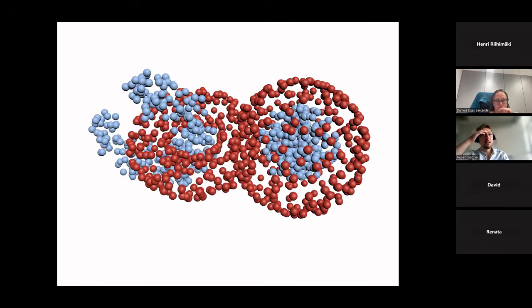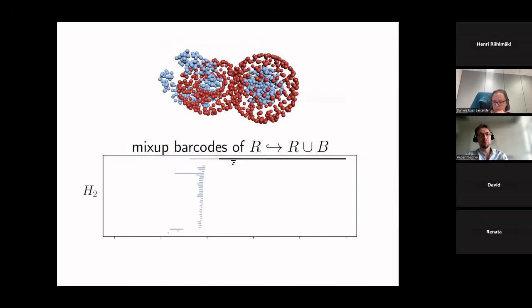So let's say this is our example. Those are, for me, 2 point clouds. I'm showing them at some thickening radius, but you should really think about those as 2 point clouds, A and B. And the first thing we could compute is, let's say, this Mixup barcode.